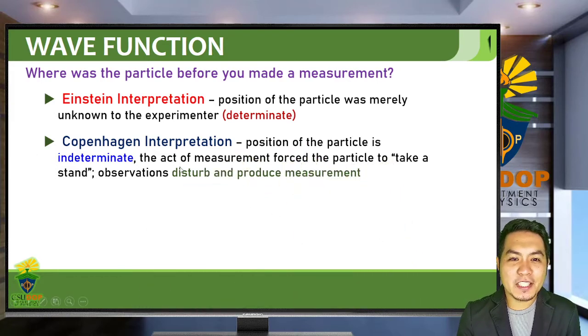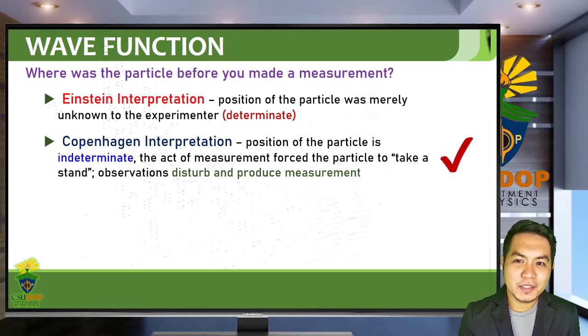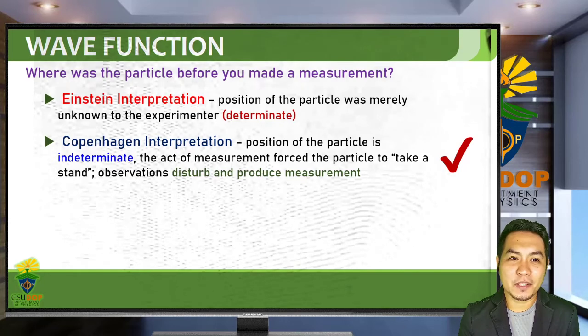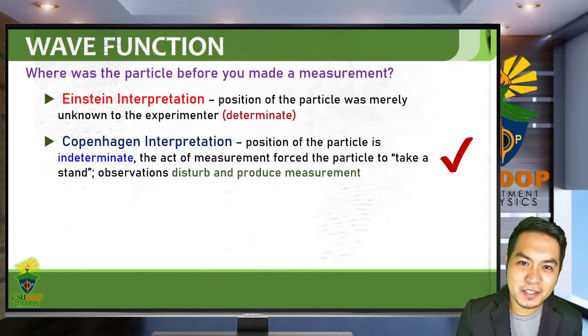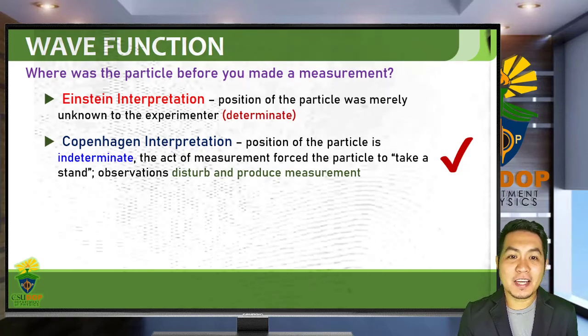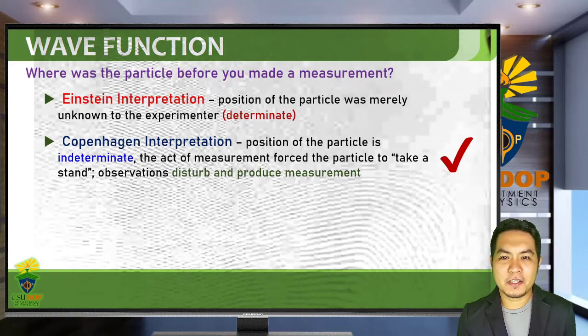This further means that observations or measurements actually disturb the wave function, and in turn they produce the measurement. Most experiments verify the Copenhagen interpretation. So the Einstein interpretation is not the correct way to answer this problem.